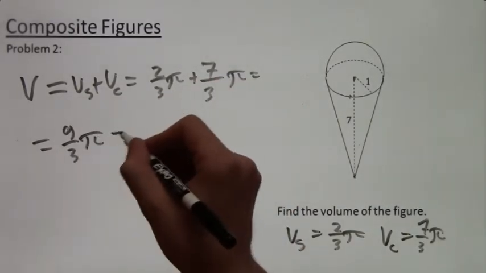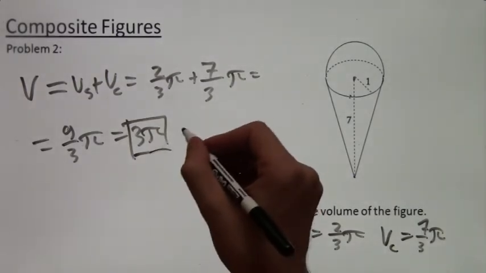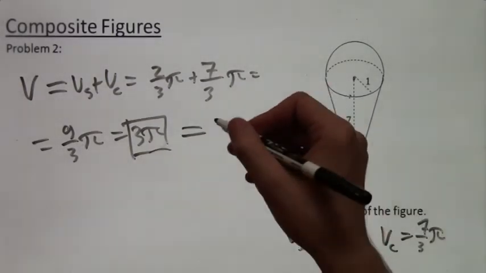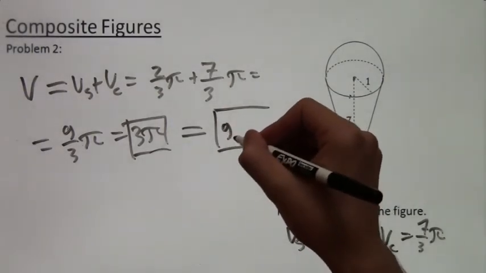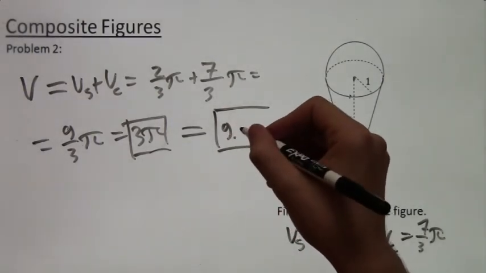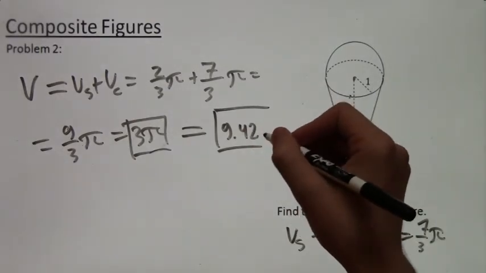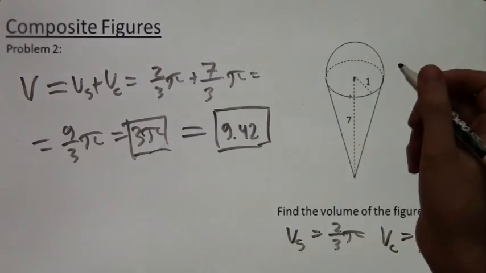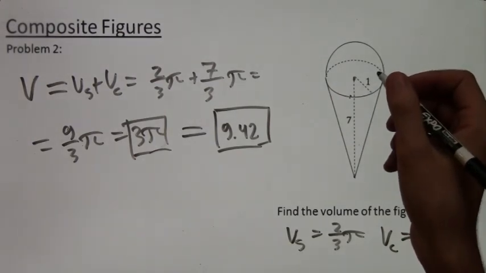We add these, get 9/3 pi, which is 3 pi, and this is already an acceptable answer sometimes, but if you want a decimal, you can plug this into your calculator, and you'll get 9.42. So either one of these works as the final correct answer. So I hope that this helped. Thank you for watching.